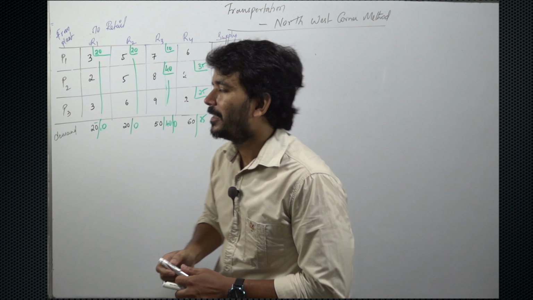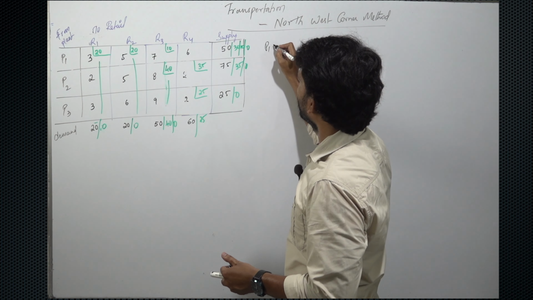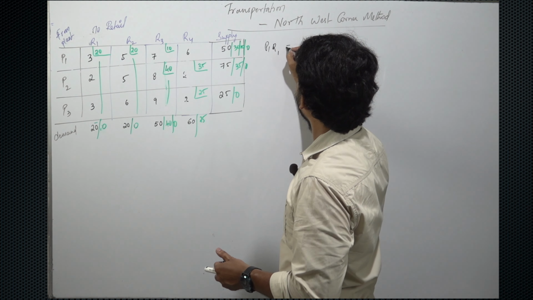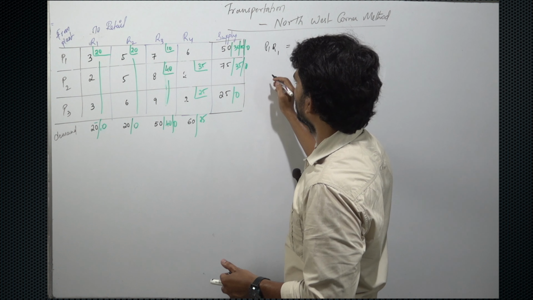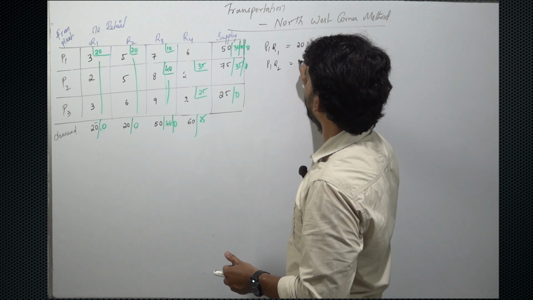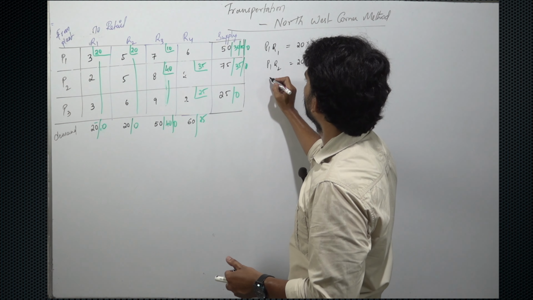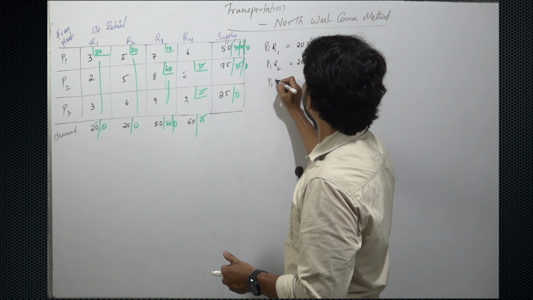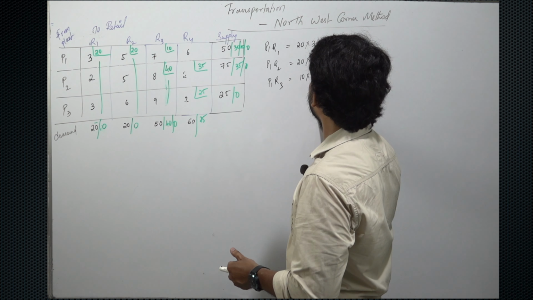But that is not the end. Now we need to find out the cost. For P1 R1 you are giving 20 units at the rate of 30 transportation, and next P1 R2 you are giving 20 units at the rate of 5, and for P1 R3 you are giving 10 units at the rate of 70.